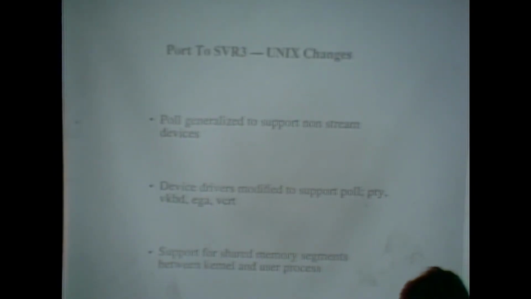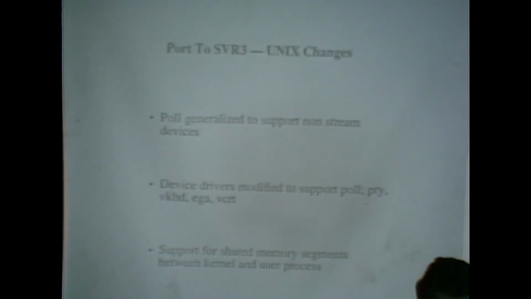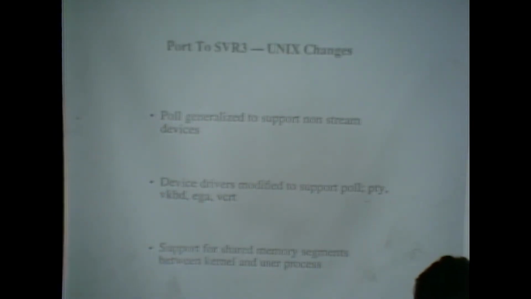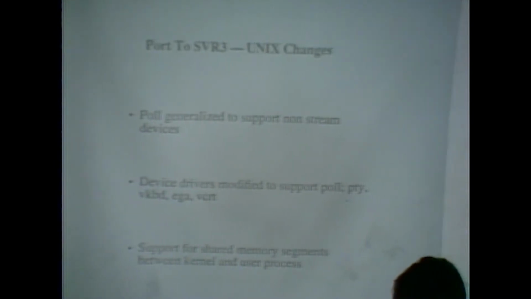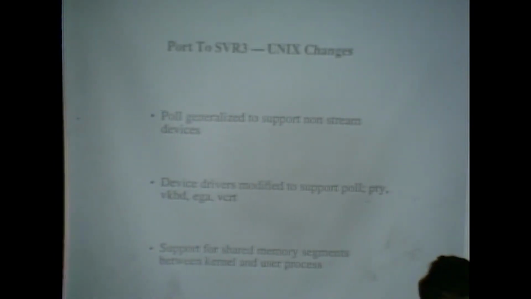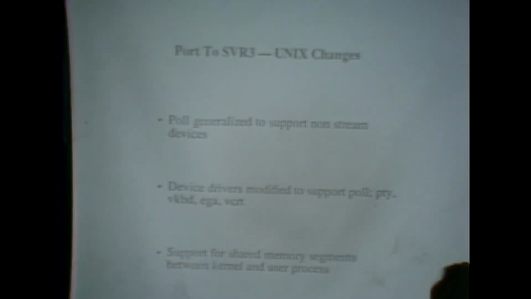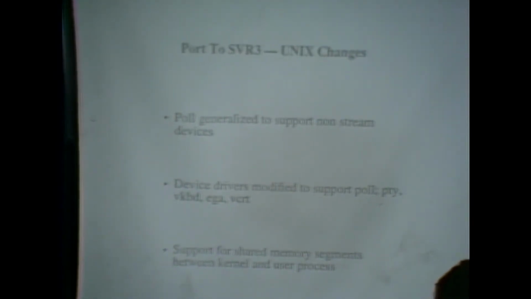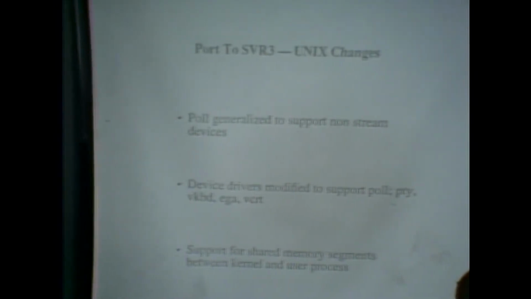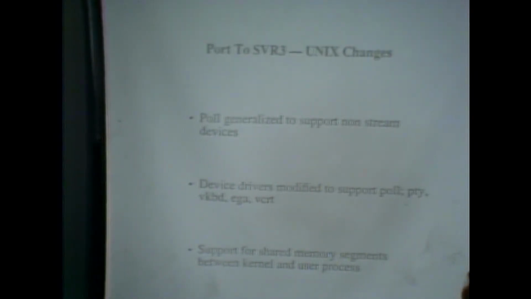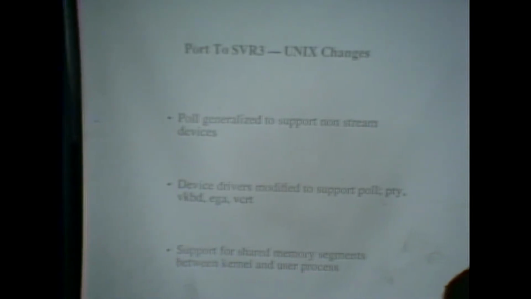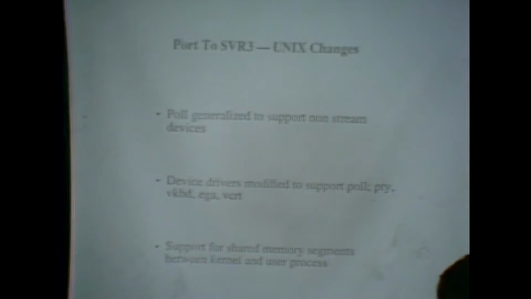The port involved a few changes to Unix to allow this to work. System V Release 3 was the first System V system that inherently had some of the features that are very important to make a system like X work. X depends on the essentially asynchronous event processing in the clients and server, and System V Release 3 now has a poll system call that was used as the basis to make all this work.